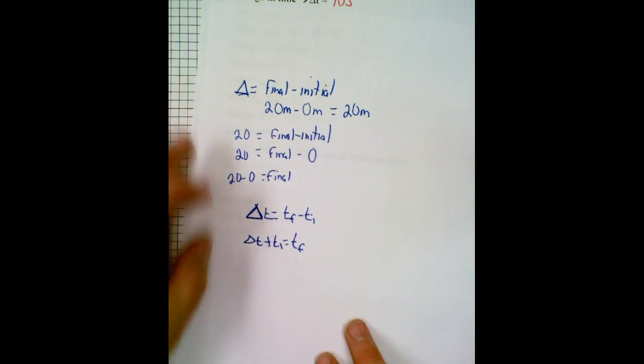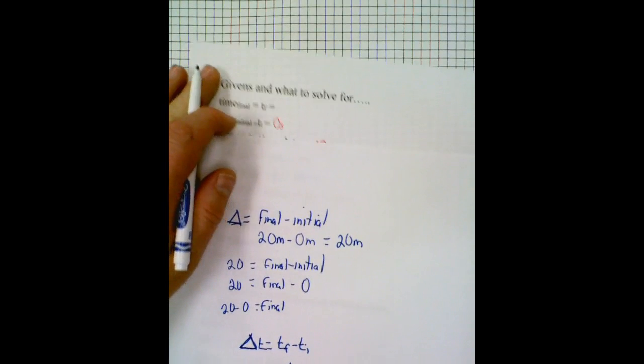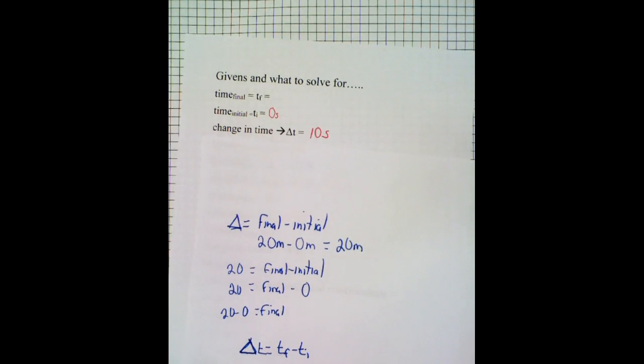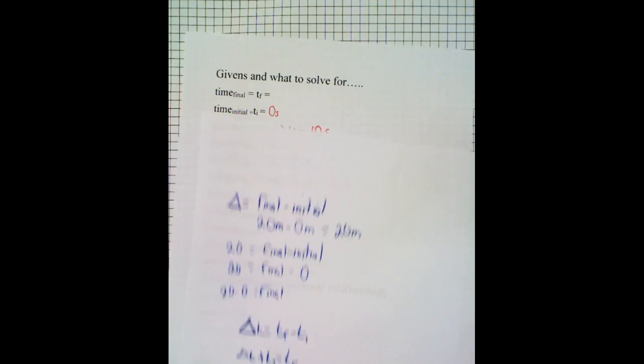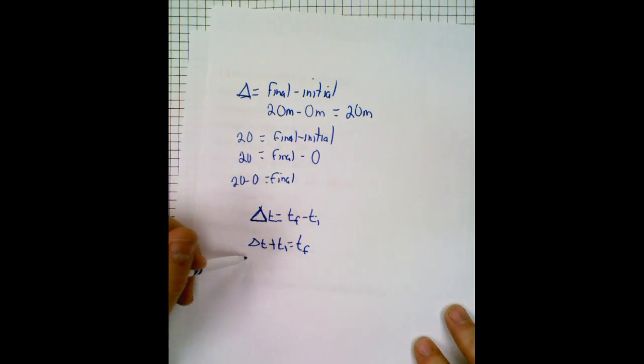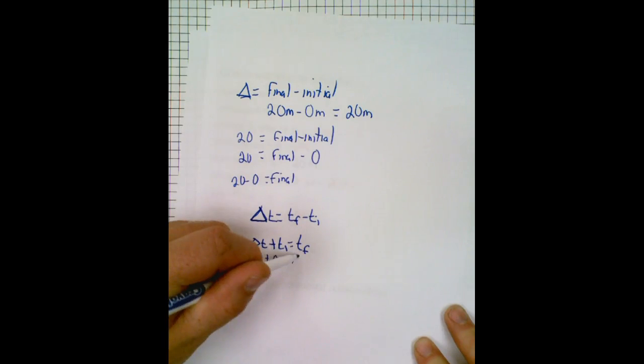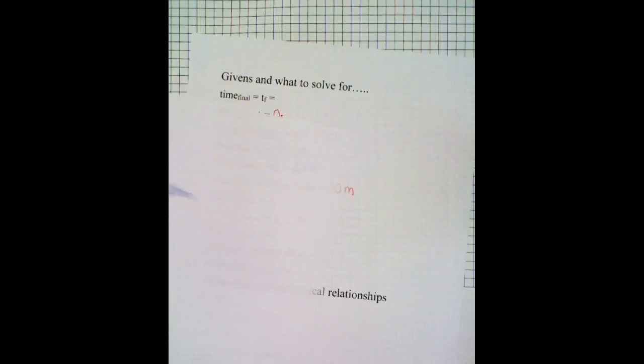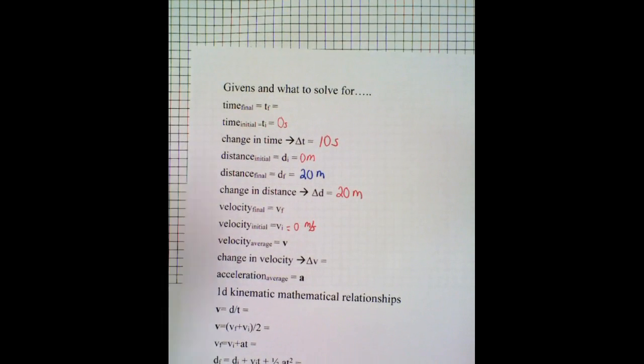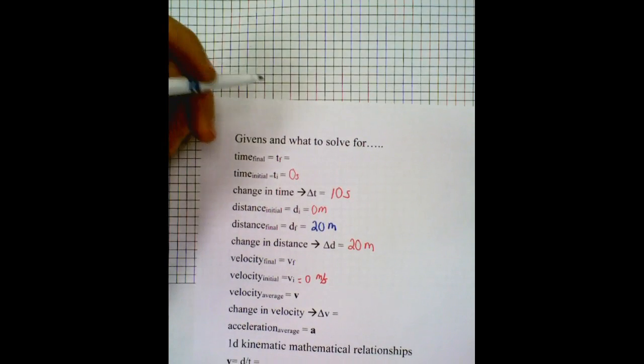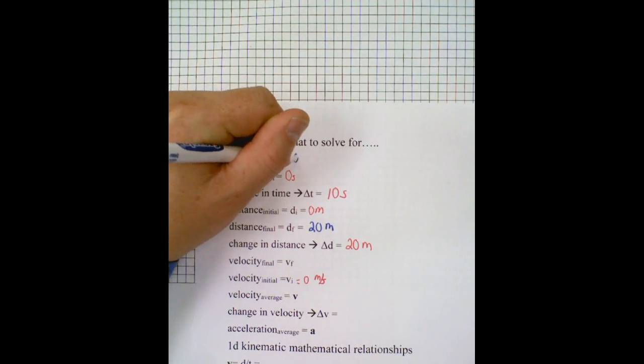Delta t was given as 10 seconds. So I put in 10 seconds plus 0 seconds equals 10 seconds. Now some of you might say, well, that was some pretty simple addition. These problems are that simple if you let them be that simple.